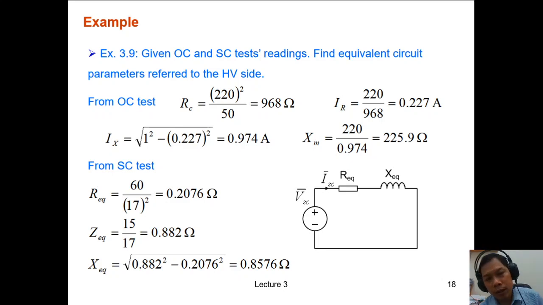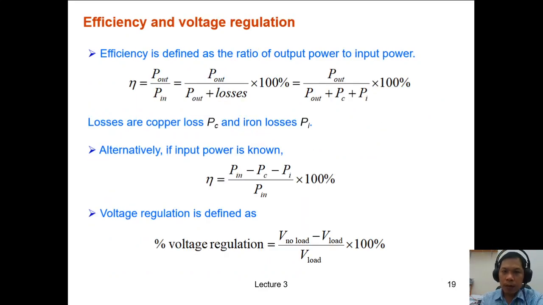If they are referred to the HV side, it means the open circuit test data would need to be referred to the HV side. First, from the open circuit test, we perform 4 steps, and we get these values RC, XM. And for the short circuit test, we can calculate REQ, ZEQ, and then XEQ.